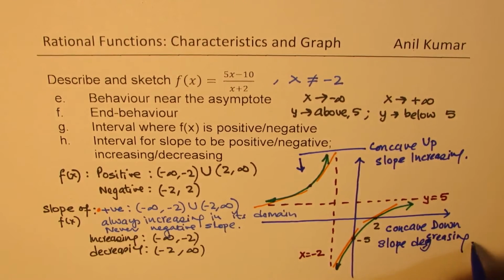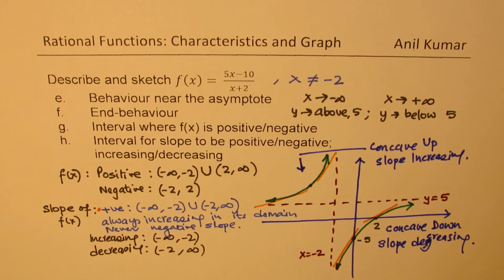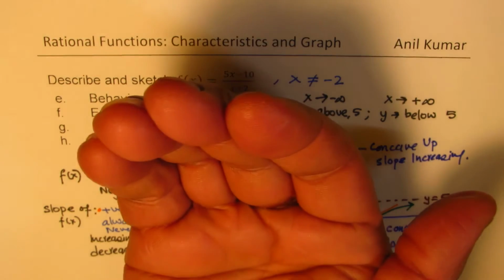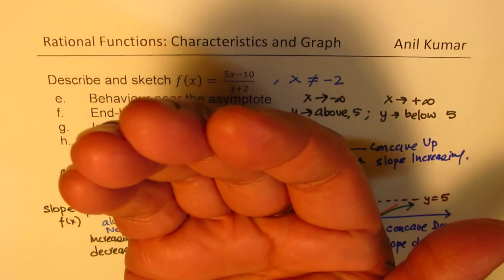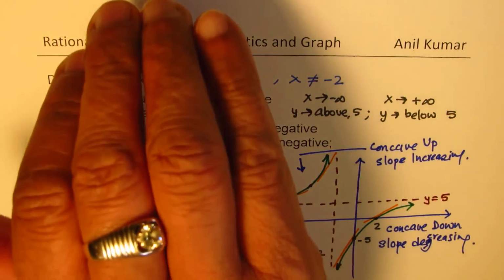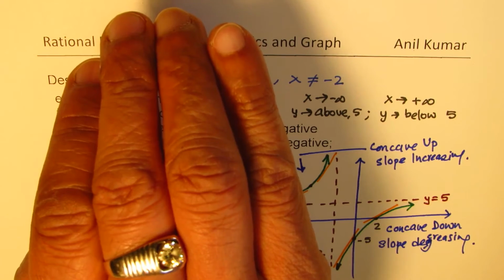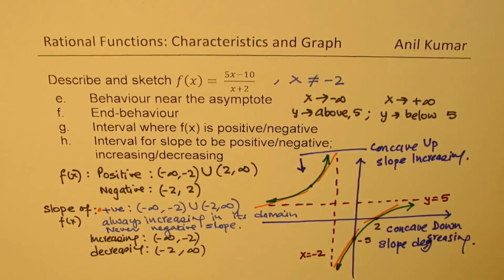Does that make sense to you, right? So with concavity, we can easily say whether the slope is increasing or decreasing. So that helps. If you put your arm like this, concave up means the slope is increasing, and if you put it like this, you cannot hold on, it is decreasing. Does that make sense to you? So that is how we could also understand increasing and decreasing interval for the rational function.